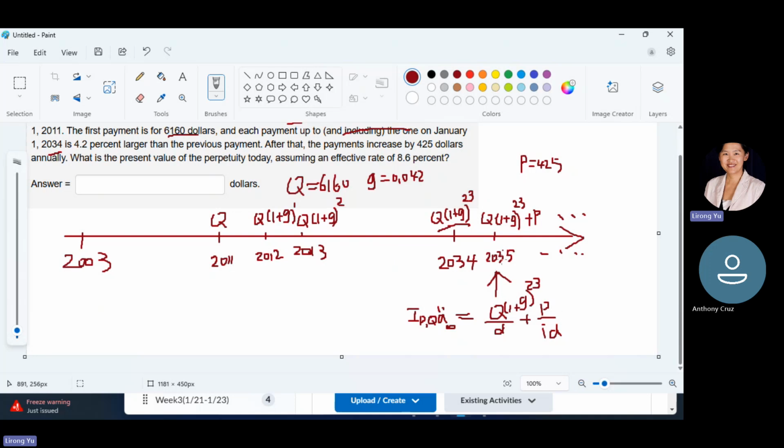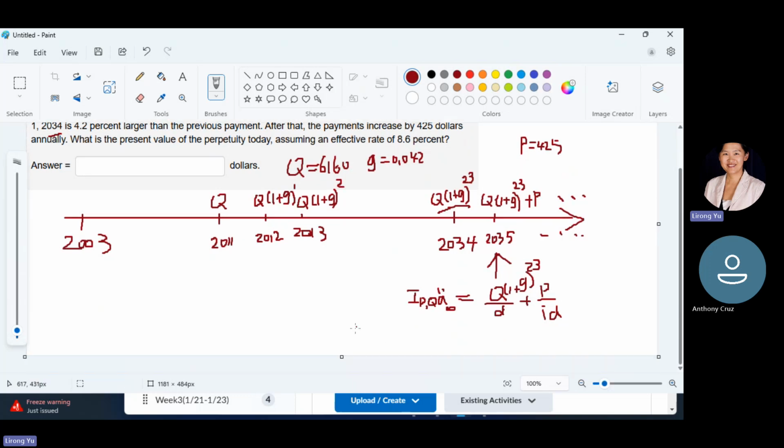So this will be the calculated value over here, and you have to discount it back to the value at 2003. From 2035 back to 2003, the time is 32 years, right?